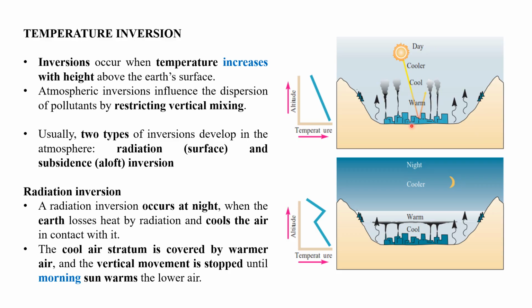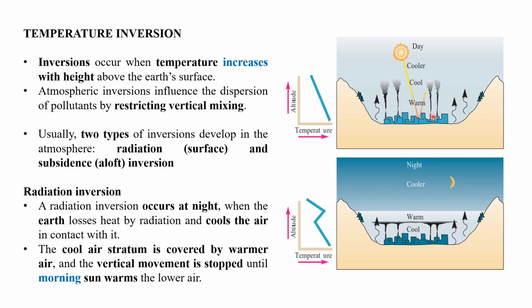In daytime, in the morning, when earth gets heated due to the sun, what happens? The inversion breaks, right? Our ground surface warms, and the temperature inversion is going to be removed.